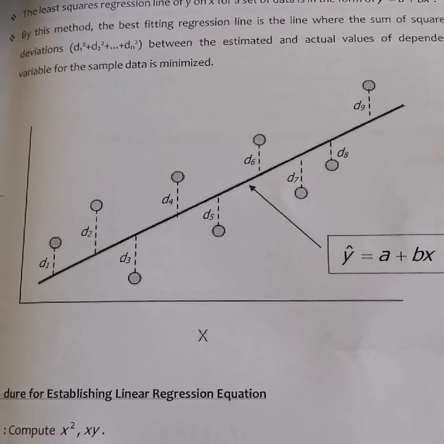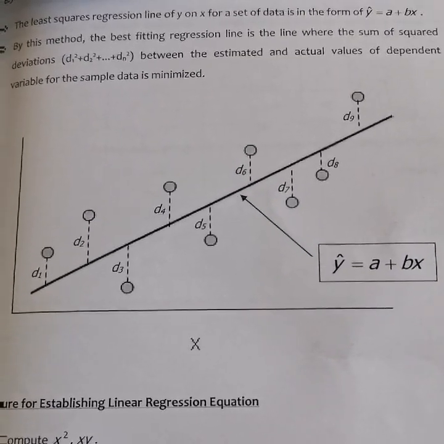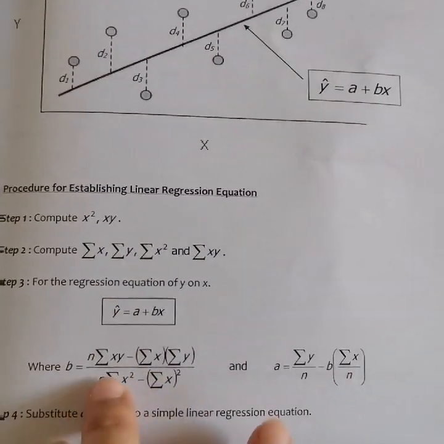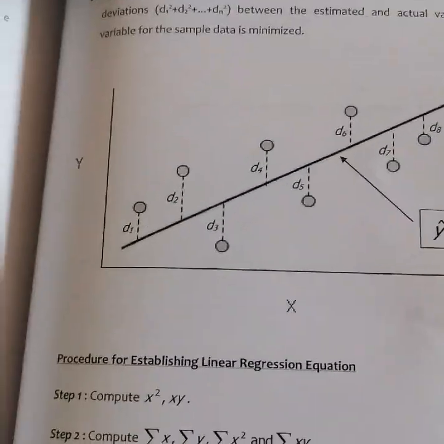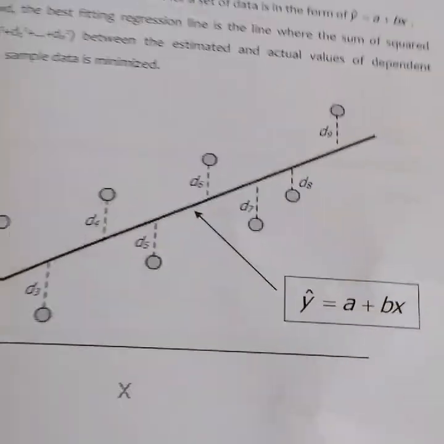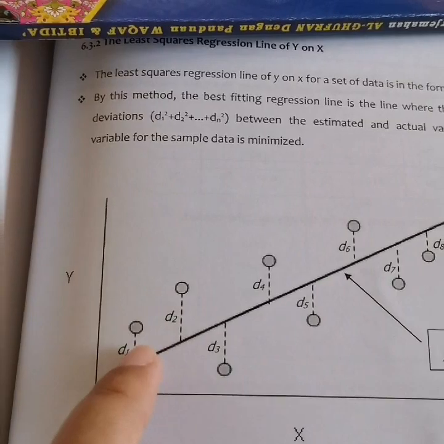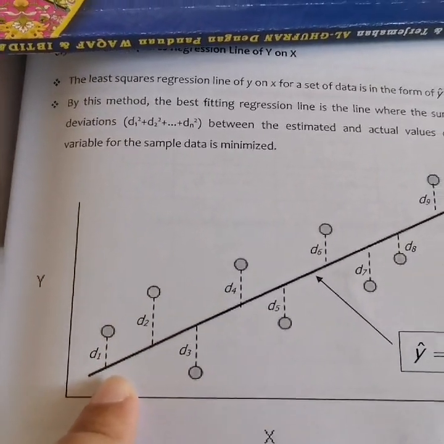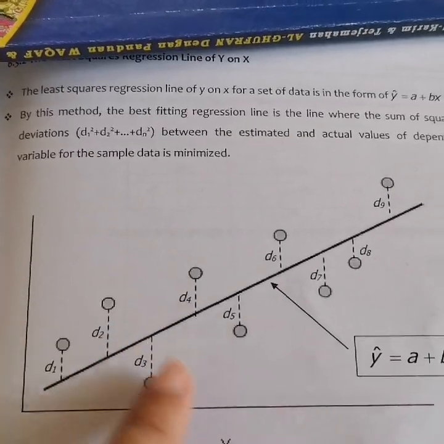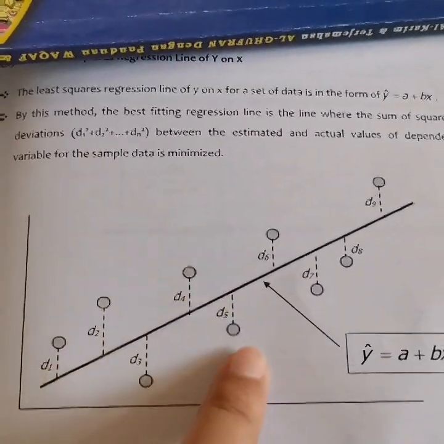The formula that we get here is trying to minimize the distance between the estimated value and the original value. The original values are all the plots. The plots are our actual values.